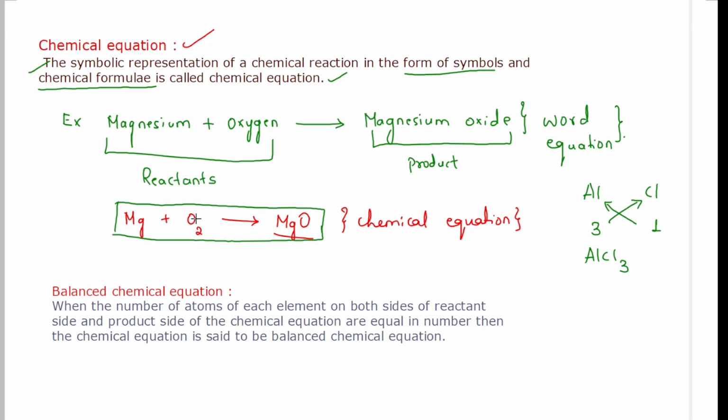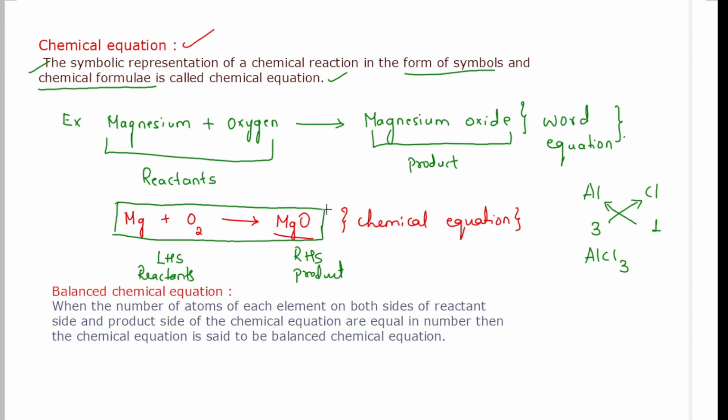See here, there are 2 oxygen atoms on the left hand side. We will represent the reactants on LHS and products on RHS. These are reactants. These are products. Here the number of oxygen atoms are different on both sides.